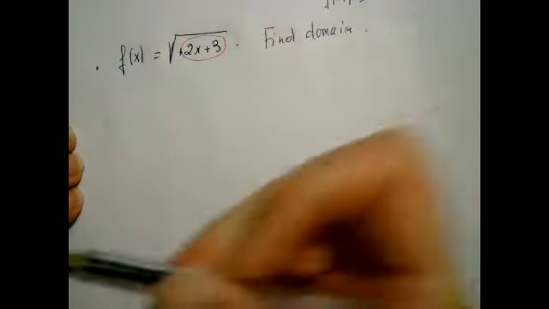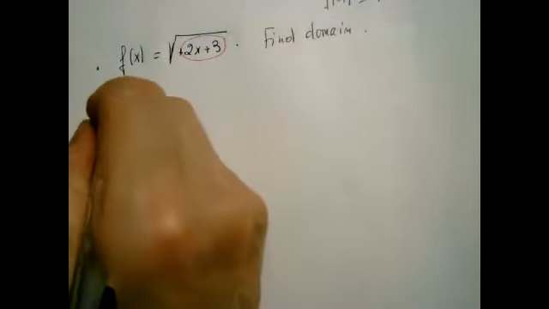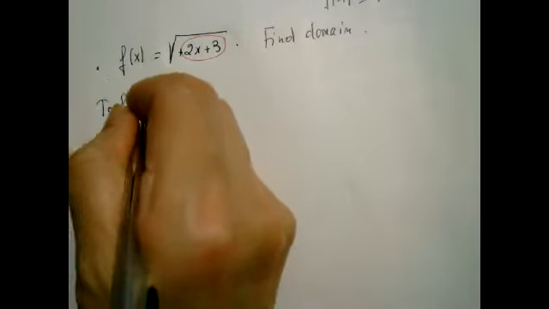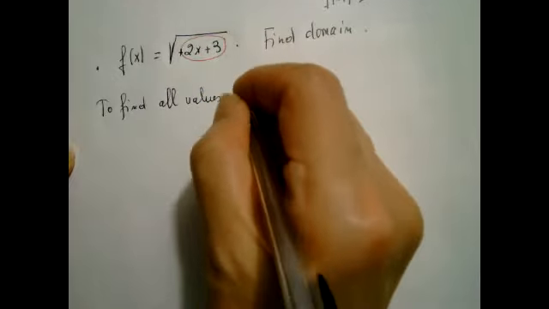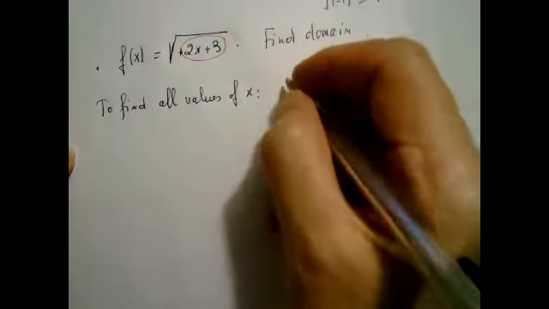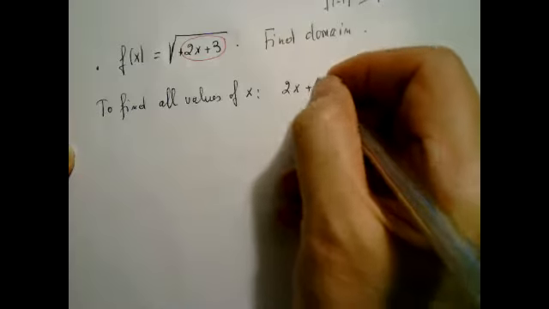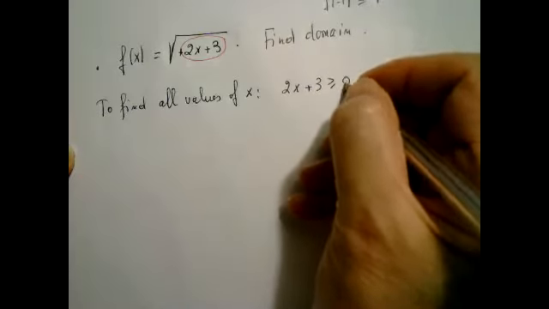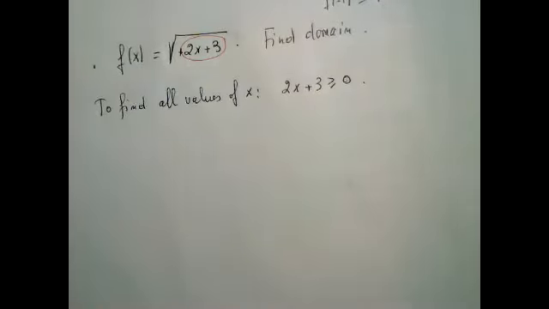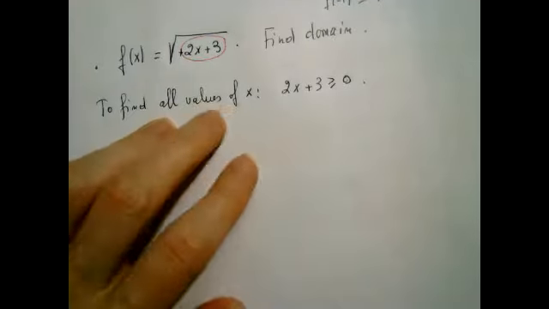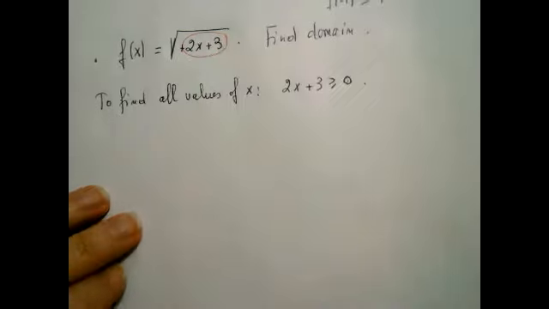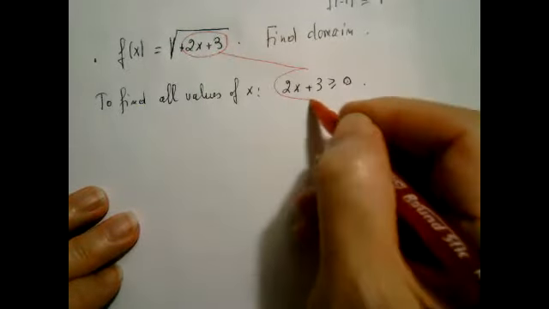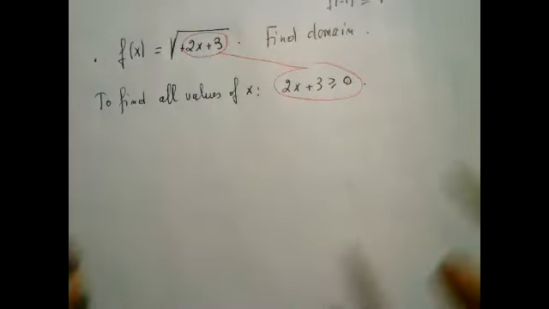So to find the domain, we need all the values of x such that 2x plus 3 is positive or equal to 0. That's really what I need to do, because the term under the square root is what I want to be positive. Now we solve for it.